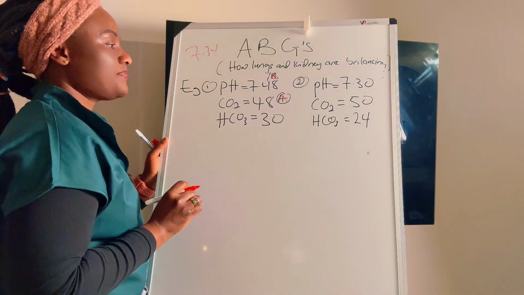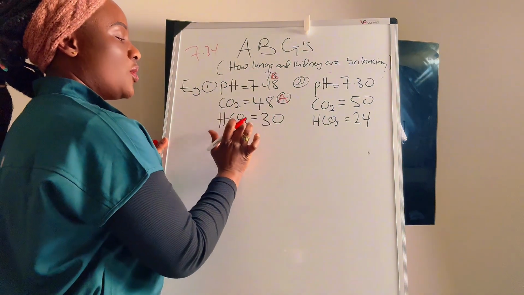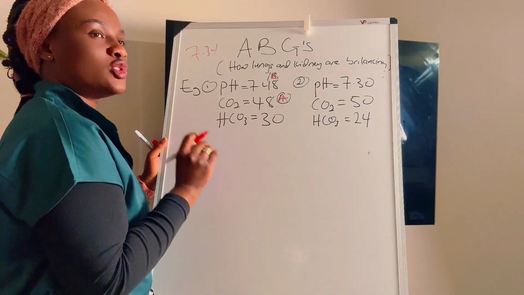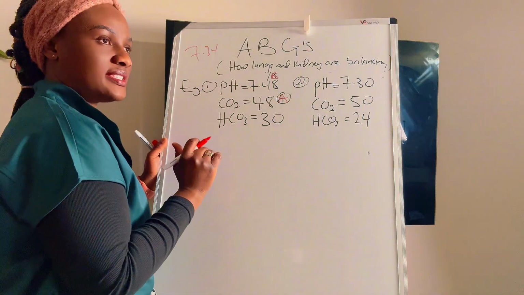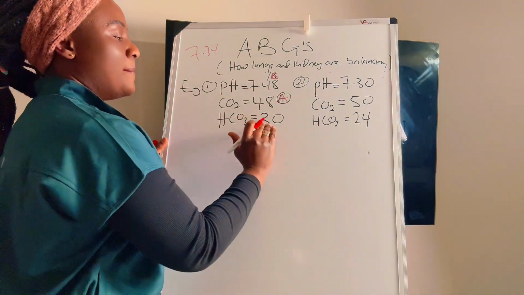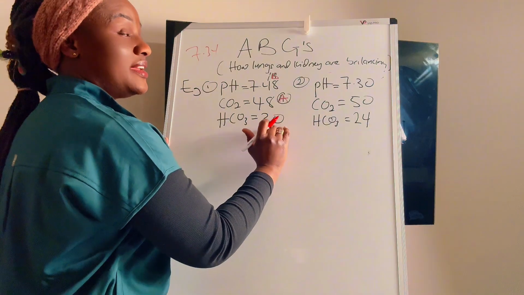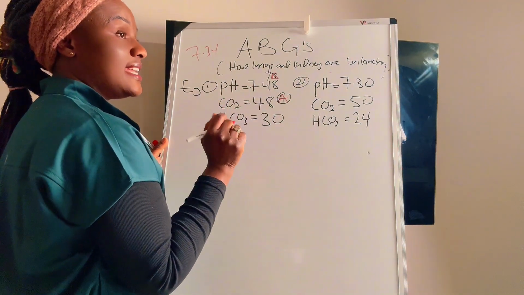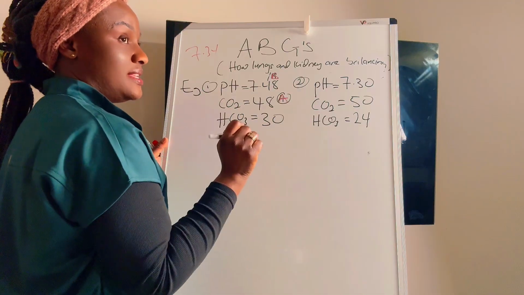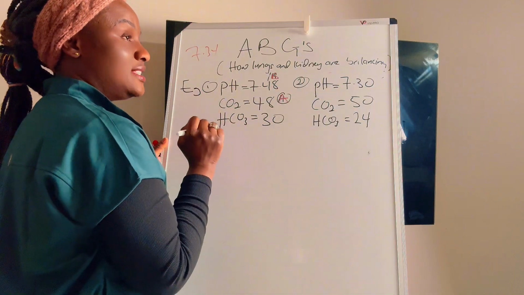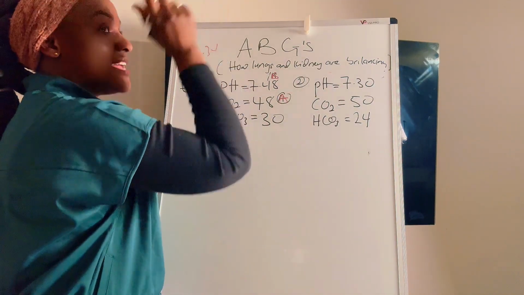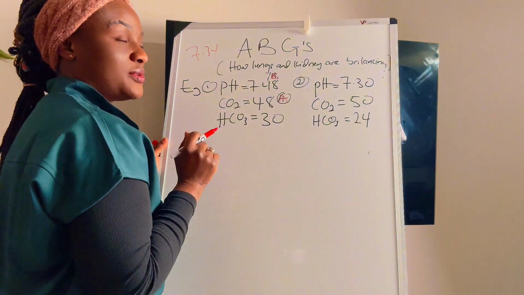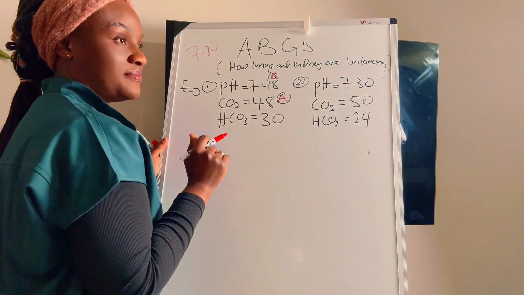Now your HCO3, remember, it is 22 to 26, right? But it is 30 here. So what is it going to be? Remember, your HCO3 is the same as your pH. It goes in the same direction.